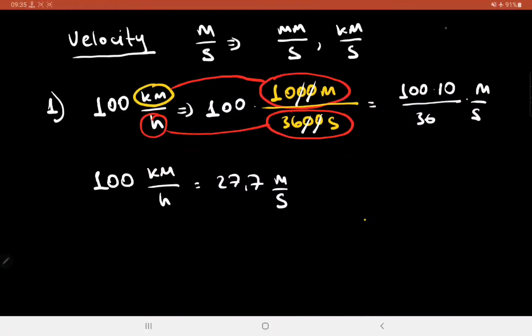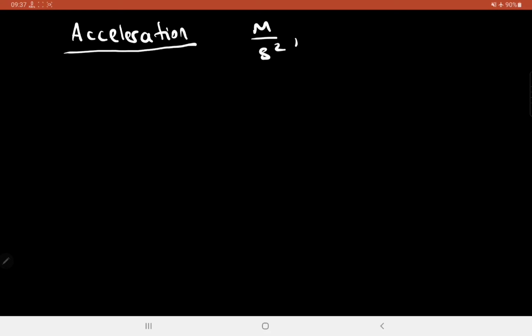Let me give you one more example. Acceleration. Unit for acceleration, meter per second square. This is the SI unit. So it can be kilometer per hour square. Let's convert from kilometer per hour square to meter per second square.